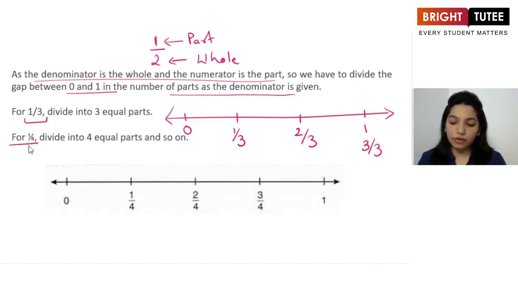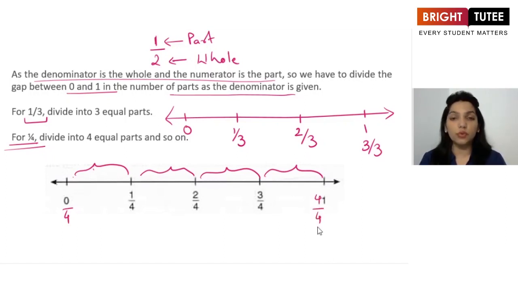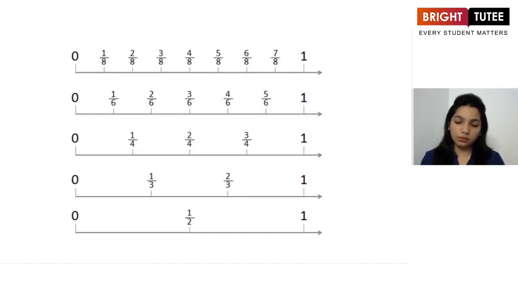Now if we are drawing 1 over 4, what do we do? We divide into 4 equal parts. So this is 1 part, 2, 3 and 4. And how do we mark? This is 0 over 4, 1 over 4, 2 over 4, 3 over 4, and if we want, we can write this as 4 over 4. Okay, I hope this is making more sense now.